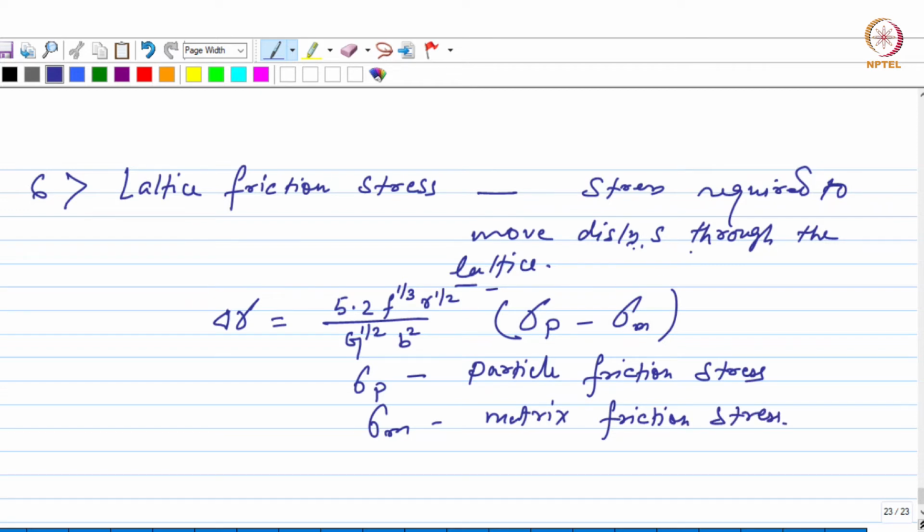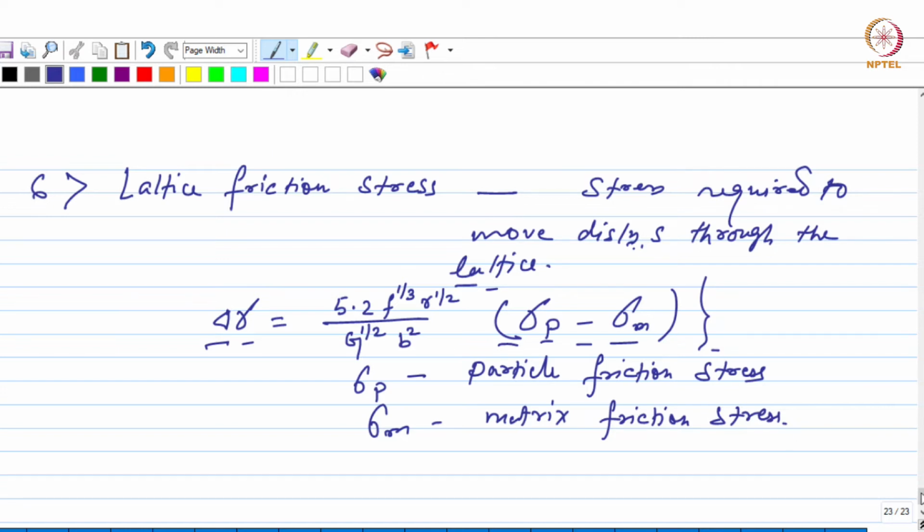So it is due to this difference between the friction stresses which gives rise to strengthening when the precipitates form. Alright, so these are the 6 different mechanisms that we have as part of the precipitation hardening phenomenon.